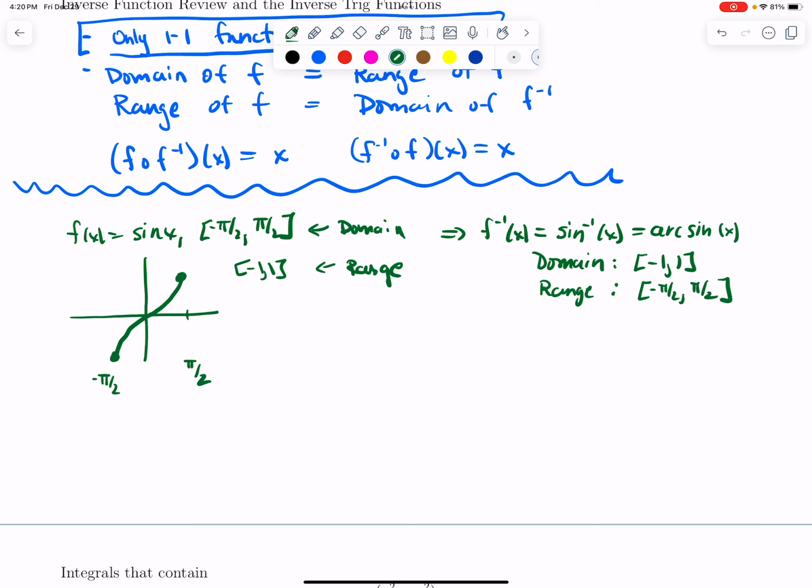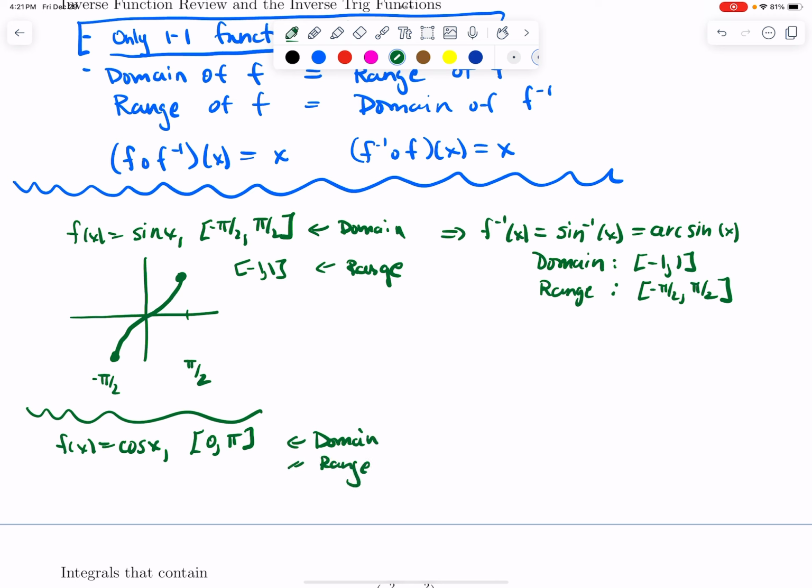Let's look at cosine. So f of x equals cosine also is not a one-to-one function, but if we restrict it to 0 to pi, so that's our domain here, and the range here is negative 1 to 1, and it looks like this.